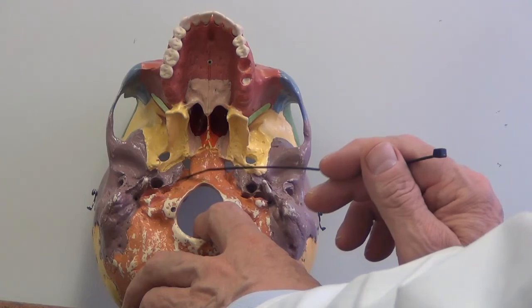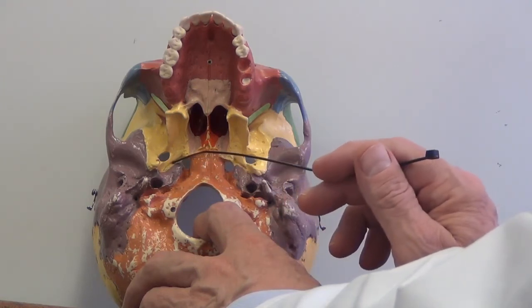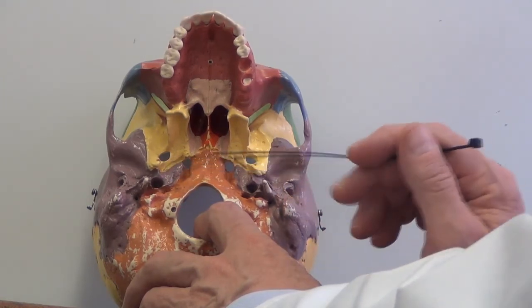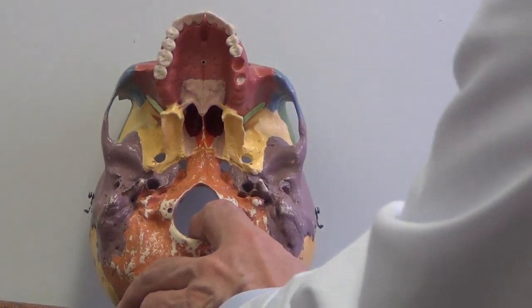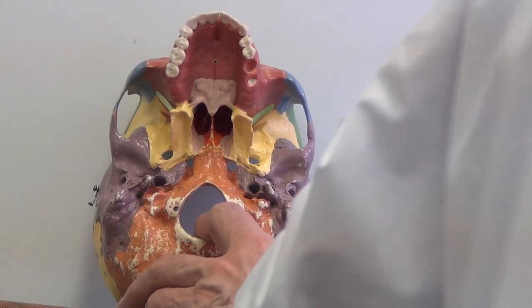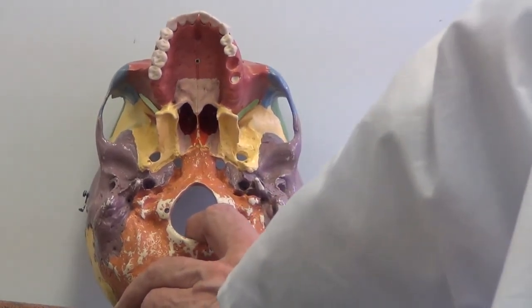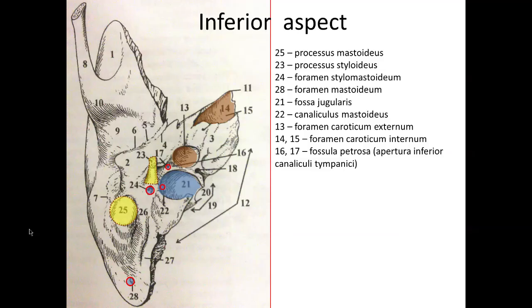So this is the inferior surface of pyramis. And let us continue with our presentation.